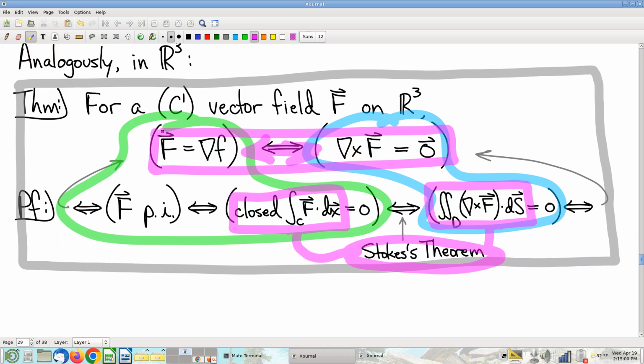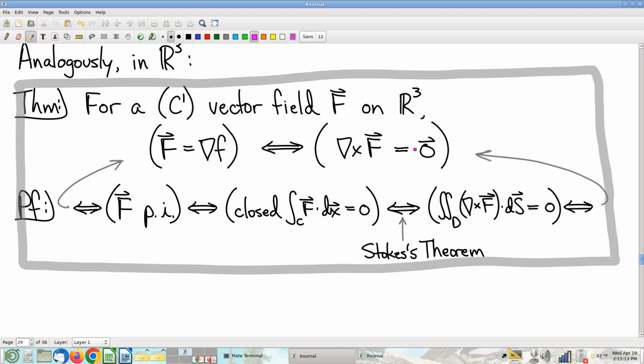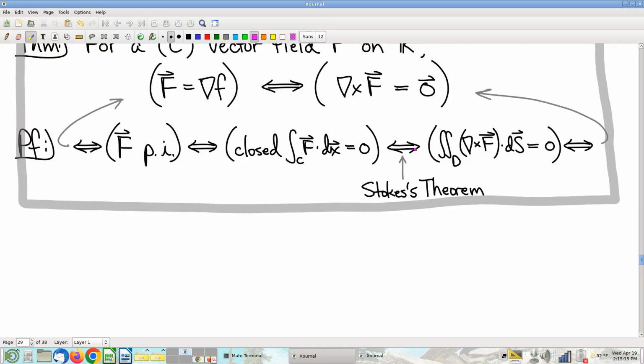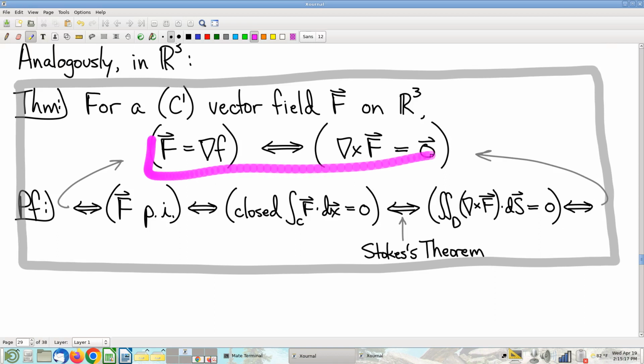Everybody see how these are morally equivalent arguments? It's really very, very similar arguments, just slightly different tools for slightly different contexts. Okay. We've already seen examples of this test in action. We did that back in chapter 6, so I won't do other examples now.